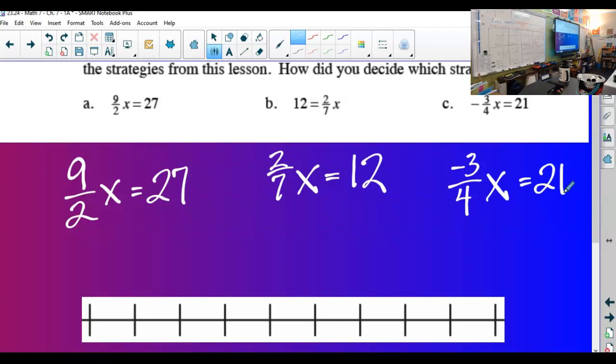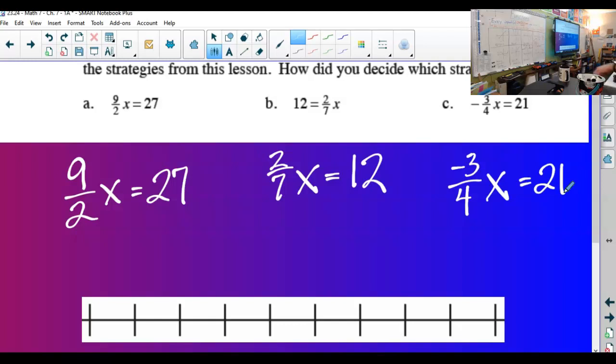Use those reciprocals. You might not need that number line. I just have it there so I can show you something. But you might not need that. How do we use reciprocal or reflip? Ooh, you could put that on your paper.